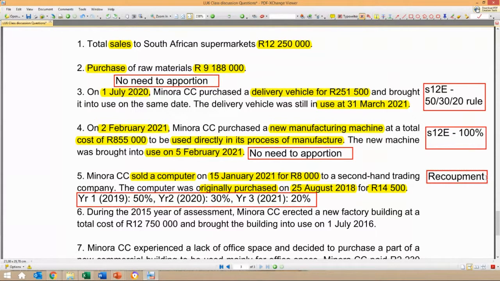We have recovered 8,000 Rand. So we initially had 14,500. We've written it off, so the tax value is 0. So that means it's the 8,000 would be what we compare to our tax value, so we would have recovered 8,000. Okay, so let's quickly stop sharing here. I'm going to share the Excel file again with you guys.